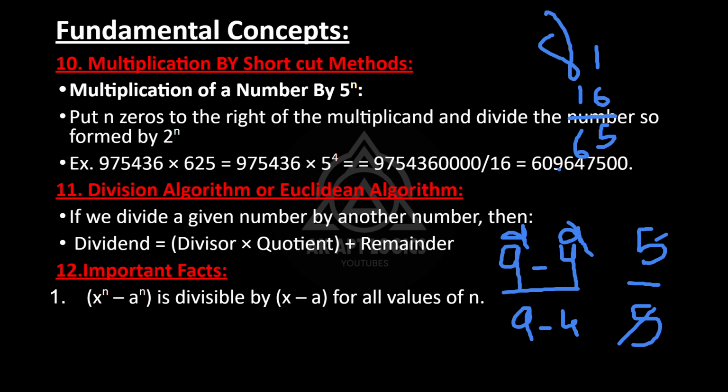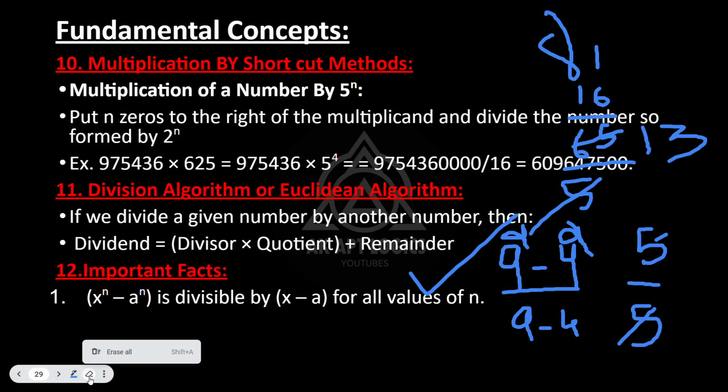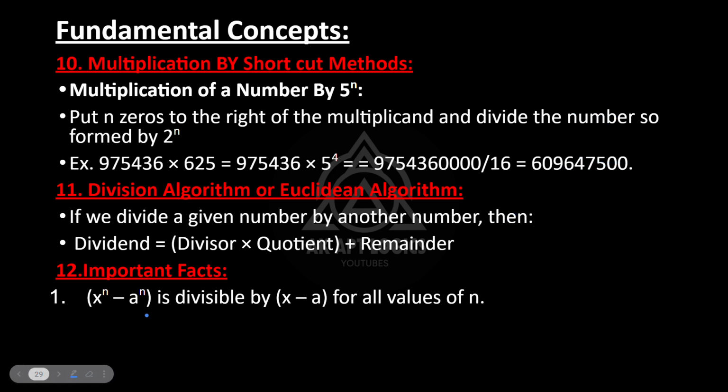We divide this by 9 minus 4, that is 5, and you will get the result as 13. It means for all values of n, this condition is true. So this is one of the formulas. Why are we discussing all this? In some examples they will ask whether this is divisible or not, so we have to remember all this.